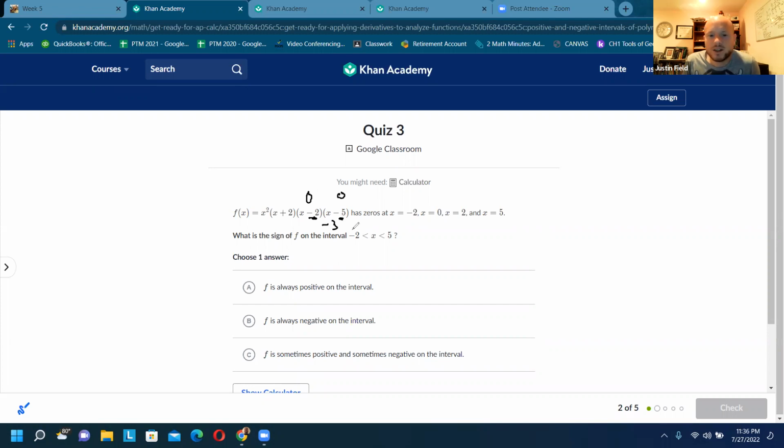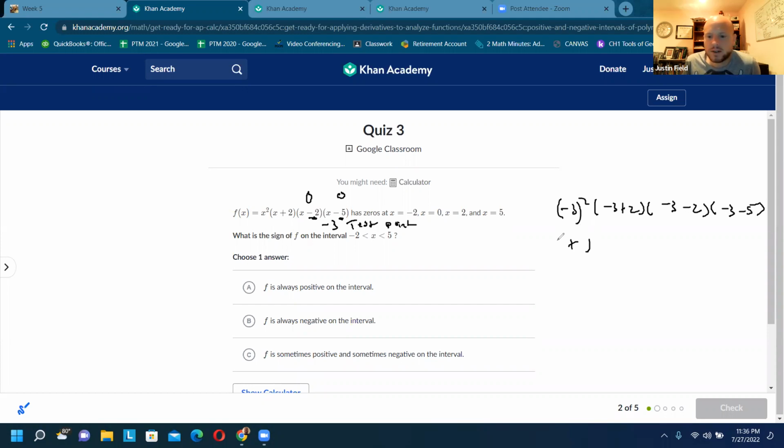So let's choose -3 as a test point since it's in that interval, and then we'll know. We don't actually have to plug everything in. We could just say -3 squared times -3 plus 2 times -3 minus 2 times -3 minus 5.